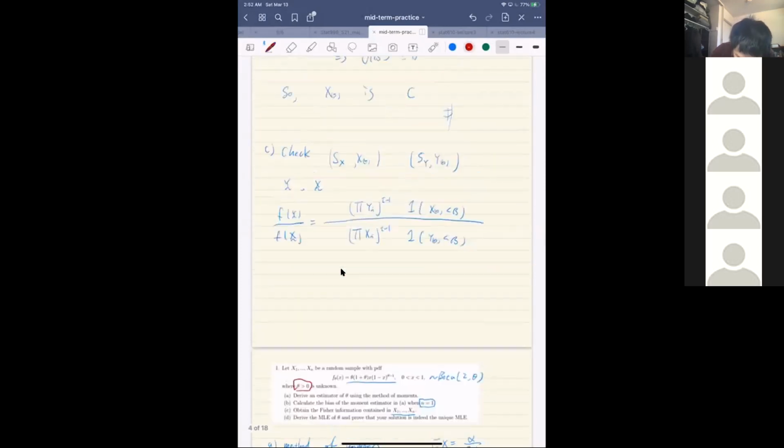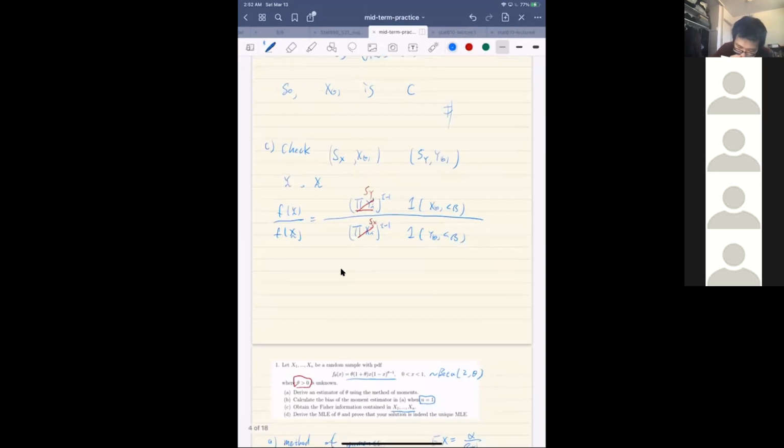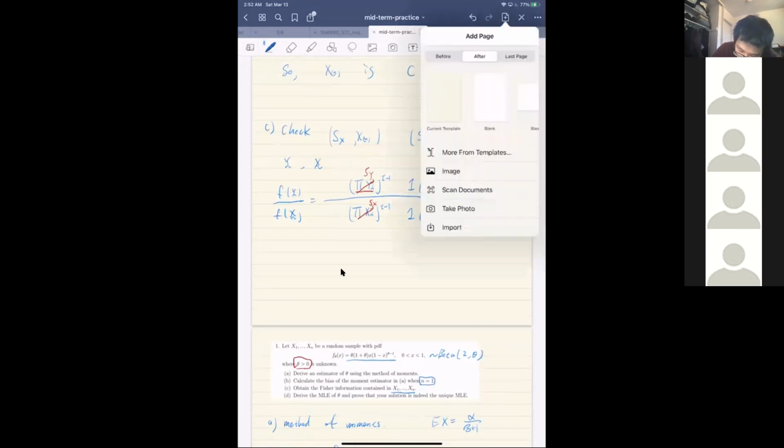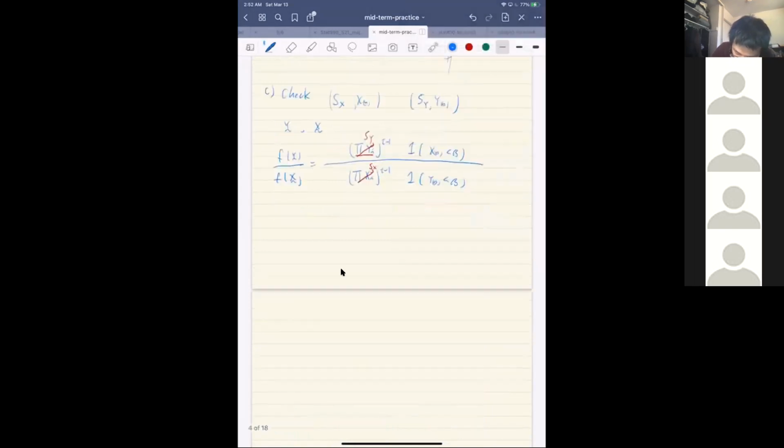So this term is sy and this is sx. So basically this is just a function of sy and sx, these two variables, and so this is very obvious.